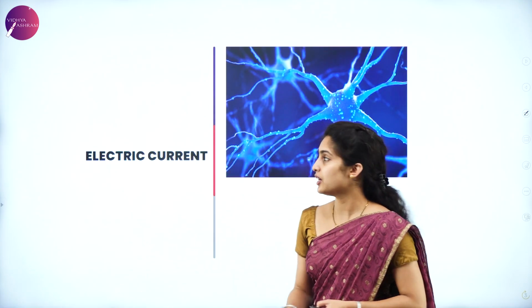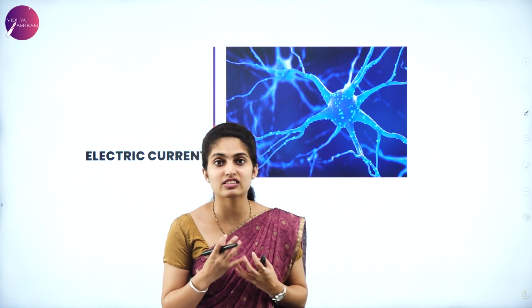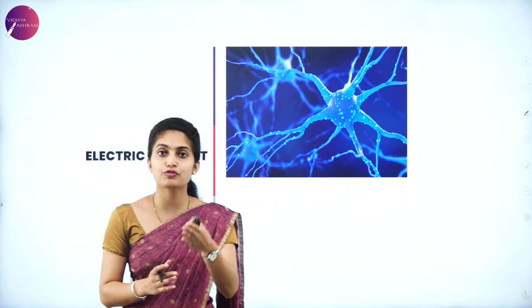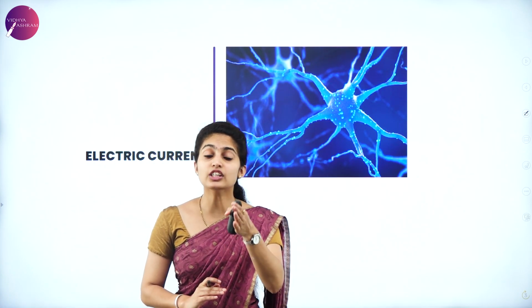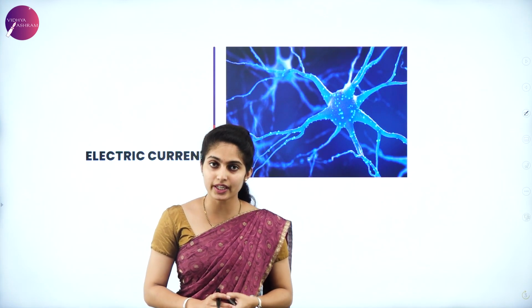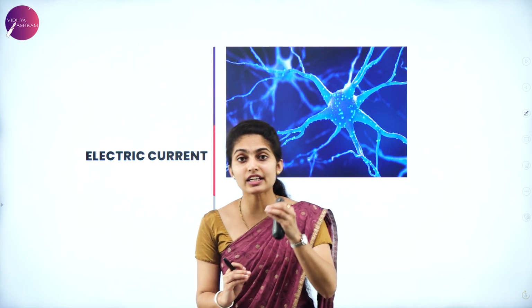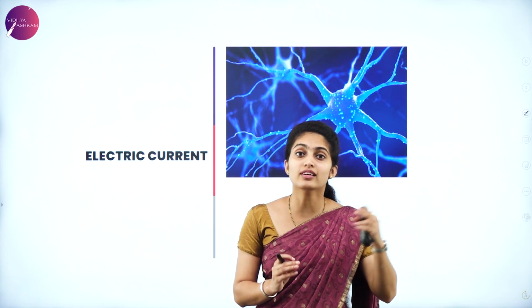Now coming to the electric current. How exactly is the current generated? I told you there is a movement of electrons. So what are electrons? Electrons are the charges, and they flow, and we relate this flow to time.